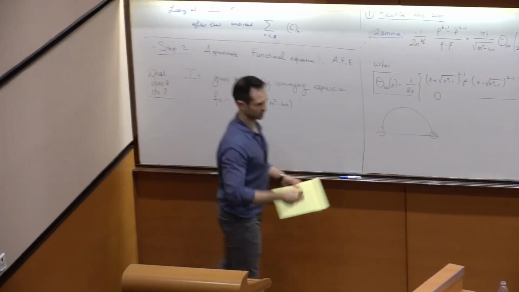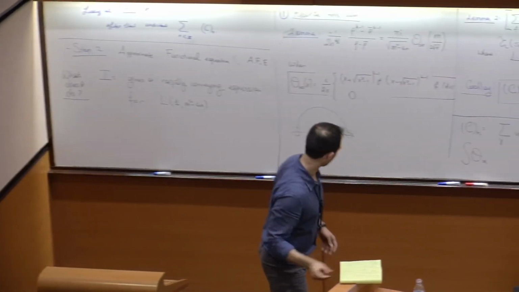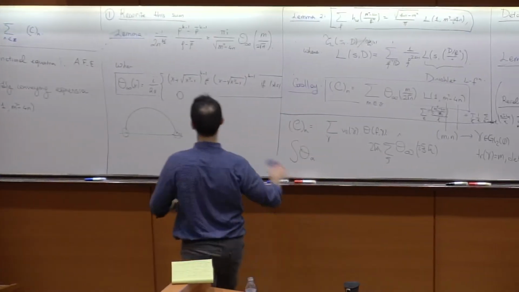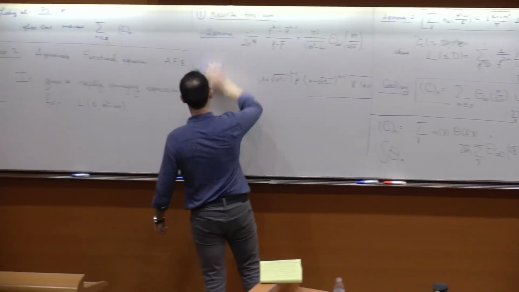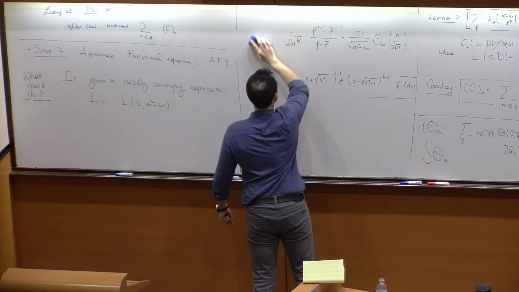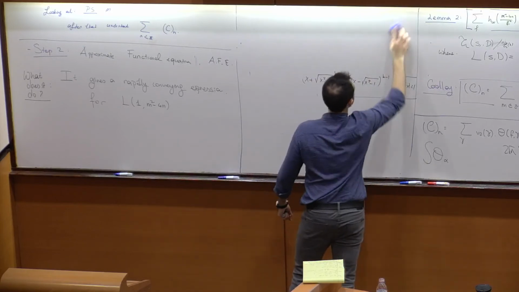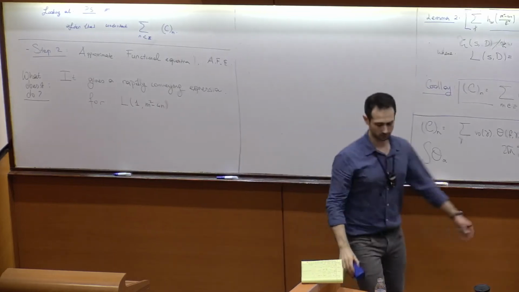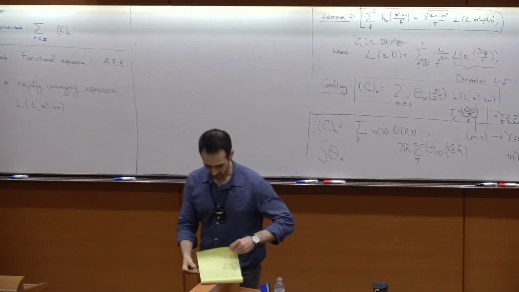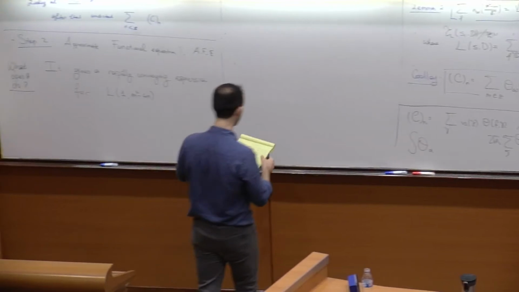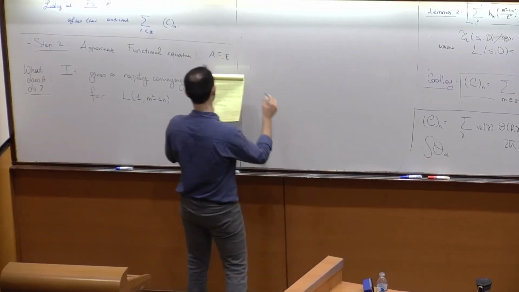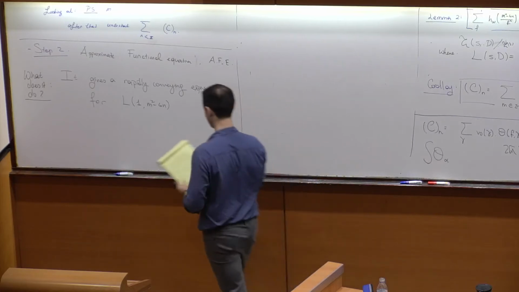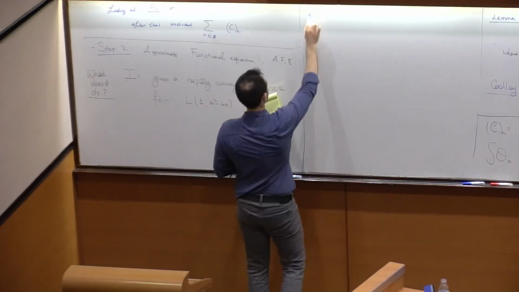Let me write down what it does, and then I'll comment on how it works in general. There will be several auxiliary choices involved in the approximate functional equation, so I'll just write down what the end result is, and then I'll tell you. So, lemma, maybe. It's a good word at this point. So, lemma.